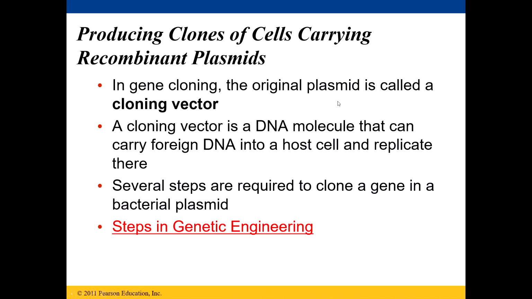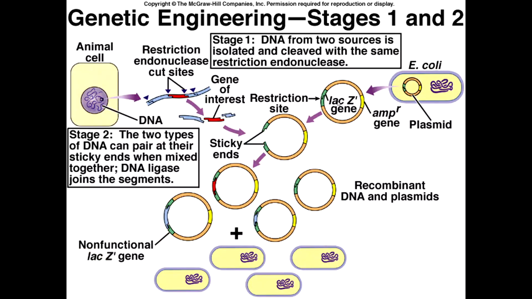Okay, so if you look at your outline on page 118, you will see the steps involved in a typical genetic engineering experiment. I have them broken down into stages, and I'm going to go through each stage with you here, beginning with stage 1, where again, the idea is we're making recombinant DNA.